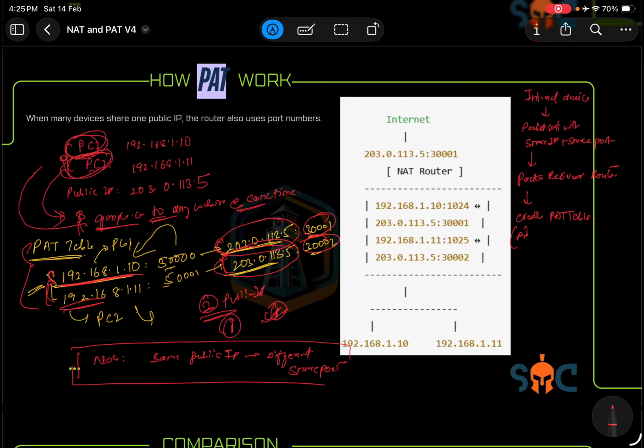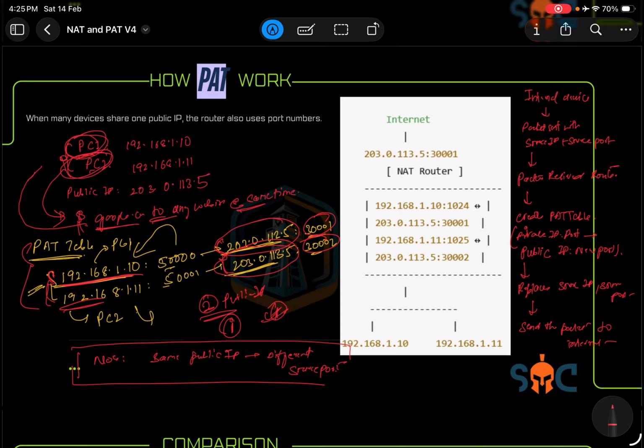In that, the private IP will be assigned with a port that will be translated into a public IP with a new port, which will replace the source IP and the source port, and it will send the packet to the internet. Okay, so that's how PAT actually works.